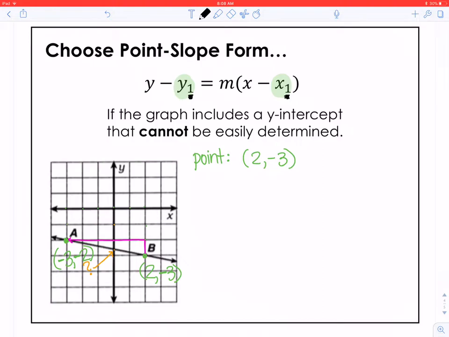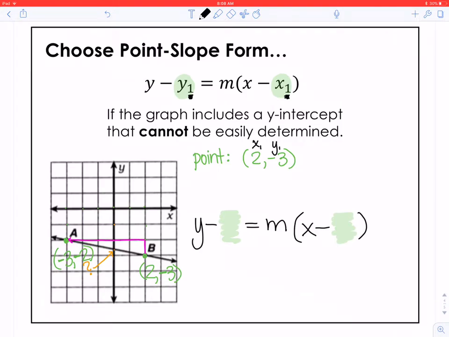So my point slope form is y minus y1 equal to my slope m times x minus x1. And so in those two spots, I'll drop in my x1, y1 point that I chose from my graph.